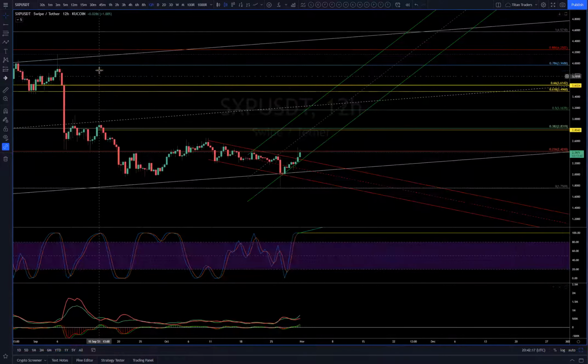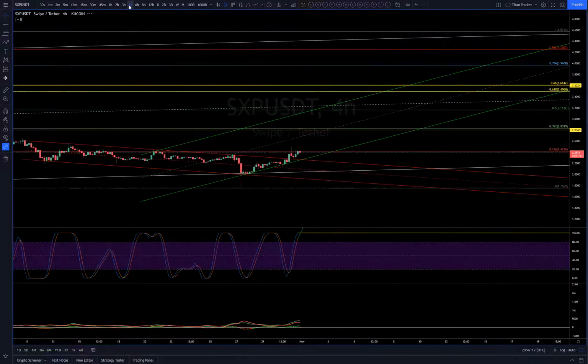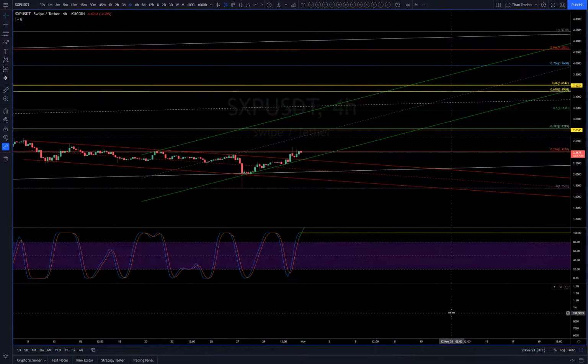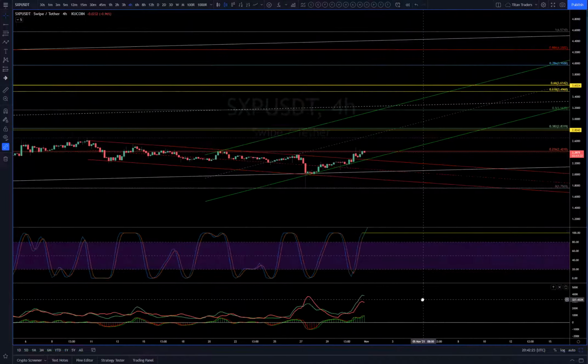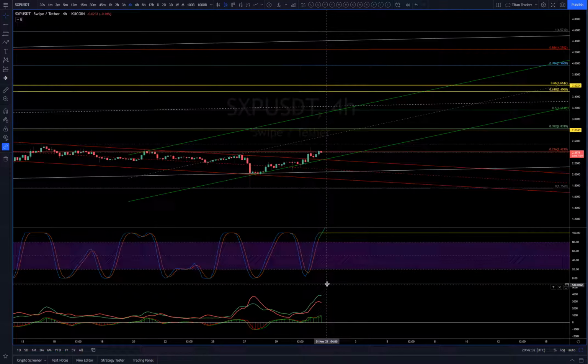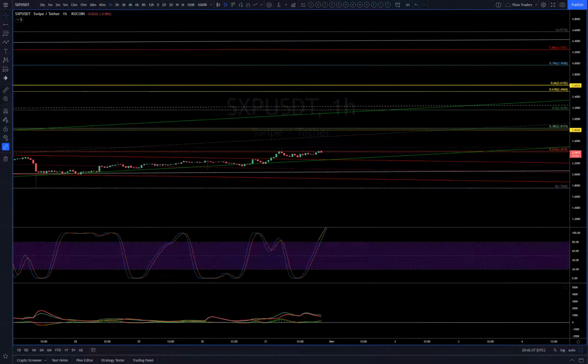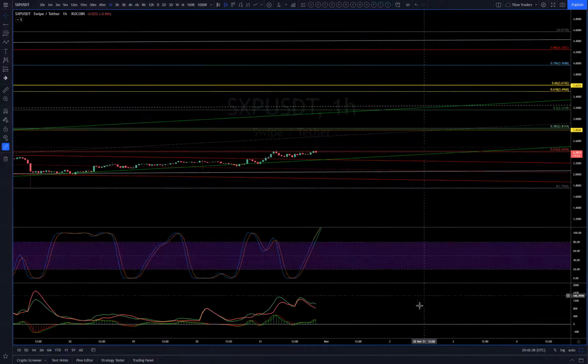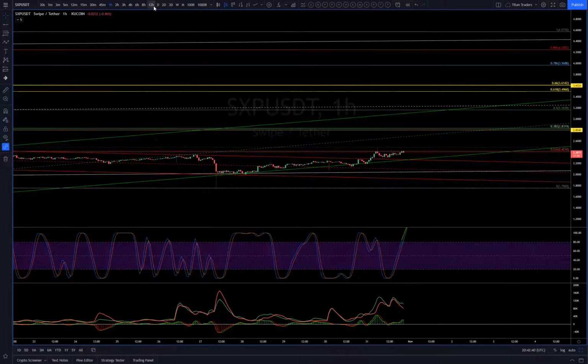The 12 hour looks very nice. The 4 hour looks wonderful. We had a good buy volume around here and went sideways, but it continued up after even the little touch. 1 hour, still not too bad. So SXP looks very good.